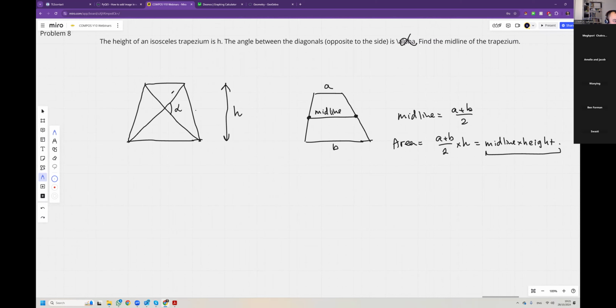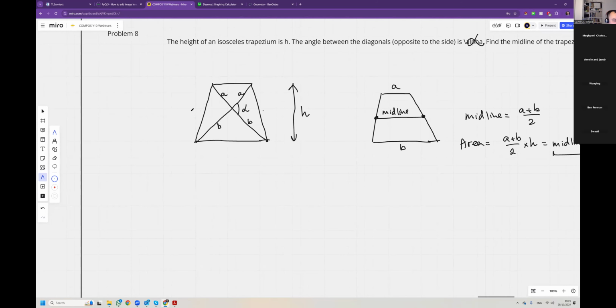Let's call this side A. That means this side is also A. This side is B, and this is also B. Okay, so we have 4 triangles. We have triangle, let's call it A1, A2, A3, and A4.